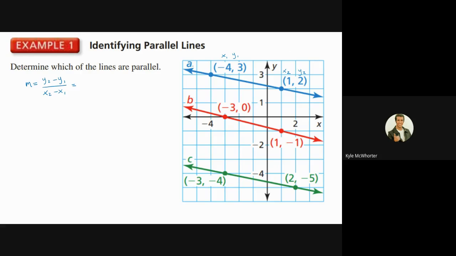So y2 minus y1 would be 2 minus 3. x2 minus x1 will be 1 minus negative 4. 2 minus 3 is negative 1. And then 1 minus negative 4 is 1 plus 4, which is 5. So the slope of the blue line is negative 1/5.